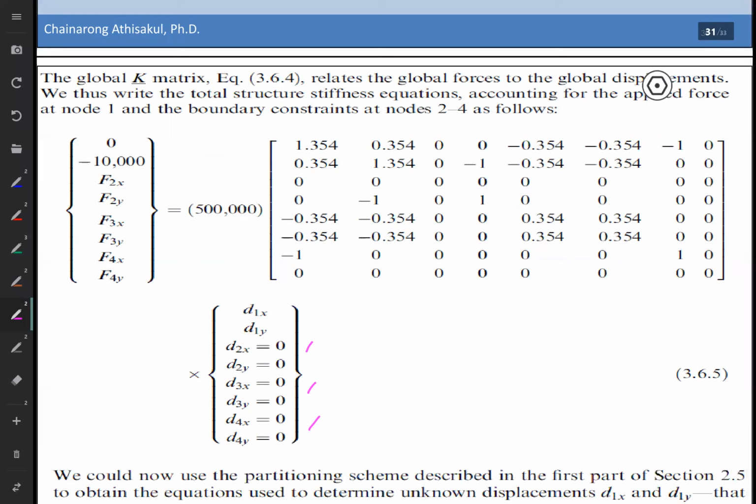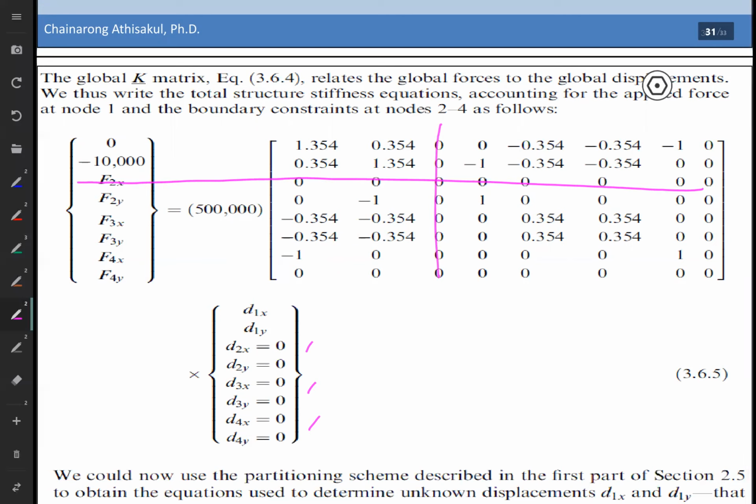So according to this, we can cut off the second row to the 8th row, the 3rd row to the 8th row, and also the 3rd column to the 8th column.